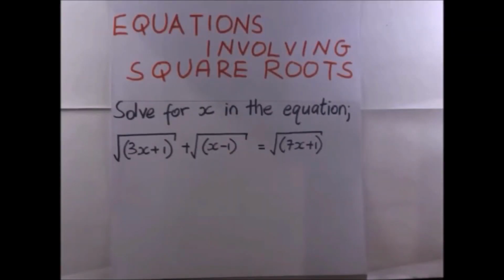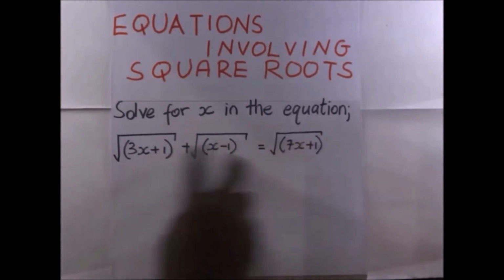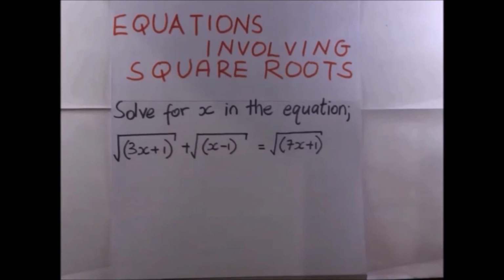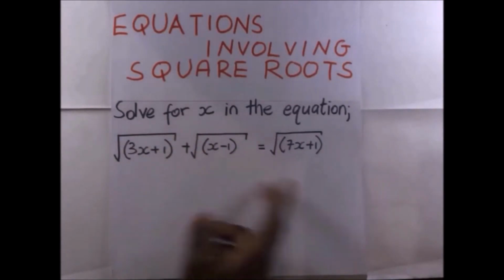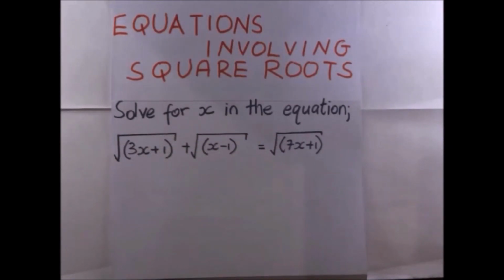Now, when we are having equations that involve square roots, we are supposed to square both sides of the equation so that we eliminate that square root sign. Equations of this type are solved by eliminating squares. Wherever both sides of an equation are squared, it means that we are creating an extra solution.